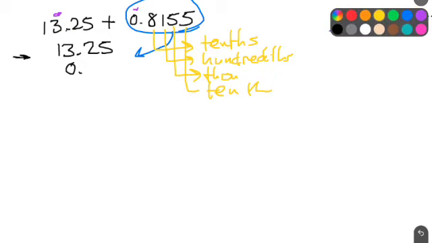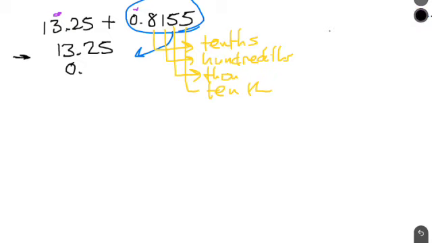If we line it up properly, the 8 would go below the 2, the 1 would go below the 5, and the 5 would go next to it.